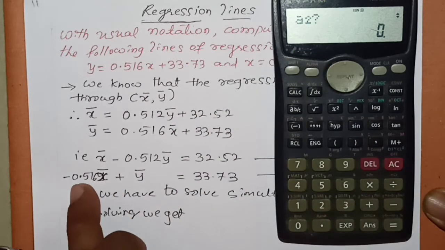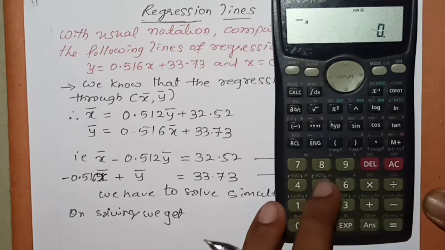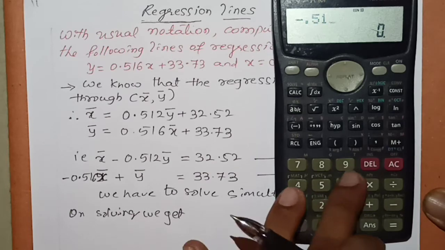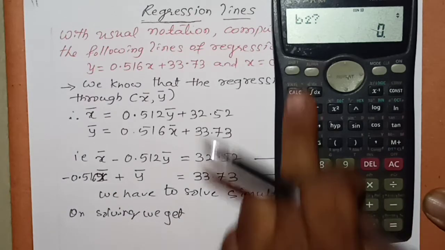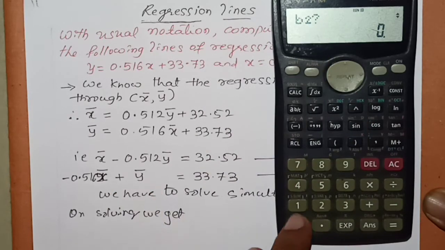Next A2 is minus 0.516, equals to. B2 is nothing but 1y, it is 1. Next equals to, constant, it is 33.73.